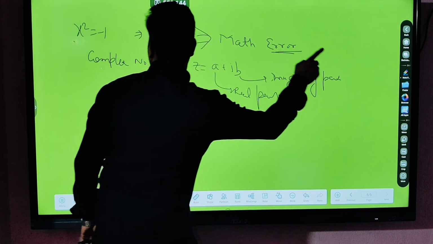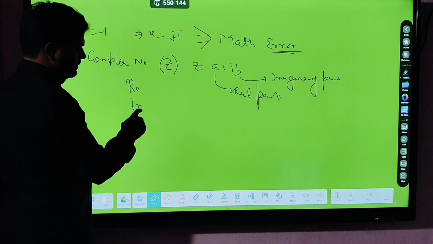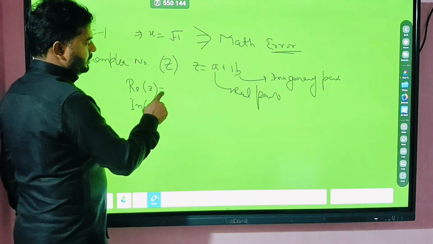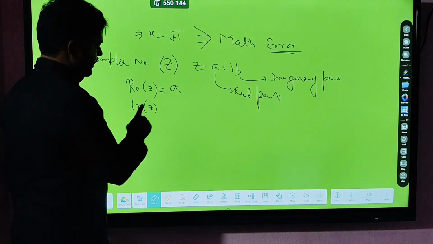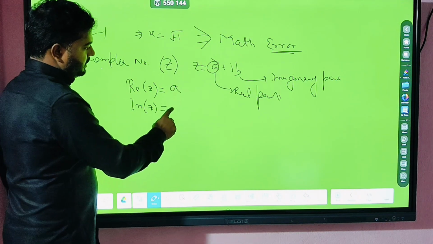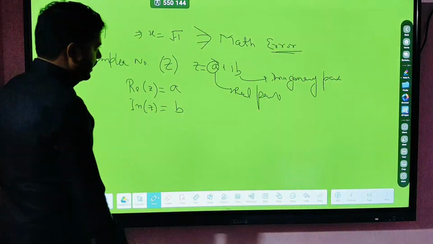Okay, so if they ask Re and Im, these are the two standard functions which give output as the real part of z, answer will be a. The real part is a here, and the imaginary part of z is b here, right?